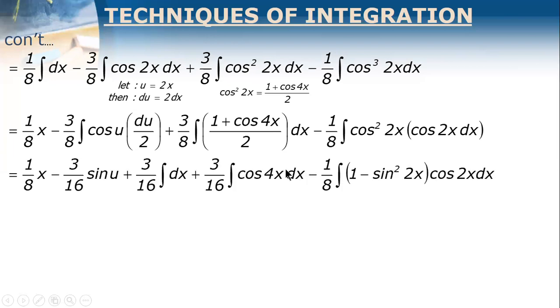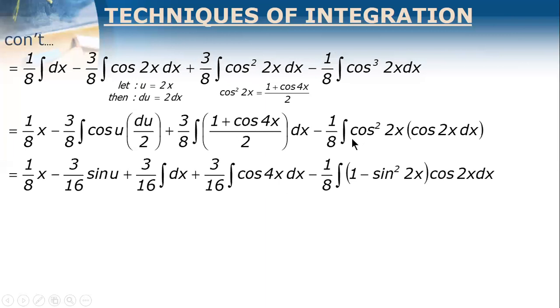Okay, let's simplify. 1 over 8x minus 3 over 8 times 1 half, 3 over 16. Integral of cosine u is sine u. And then distribute 3 over 8 times 1 half, 3 over 16. Integral of 1 times dx, plus 3 over 16 integral of cosine 4x dx.